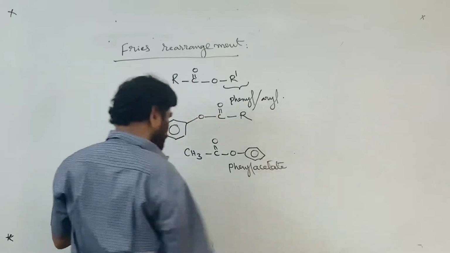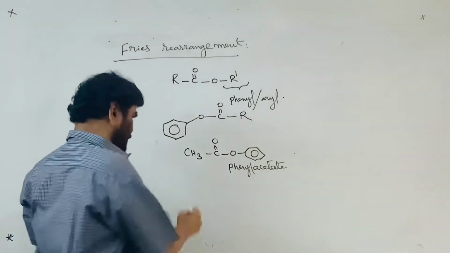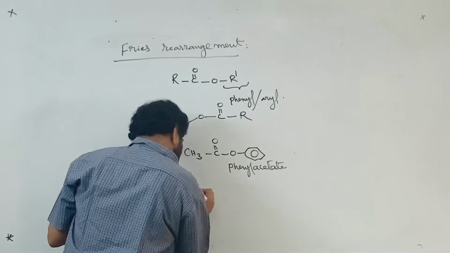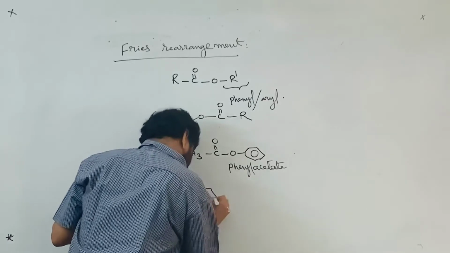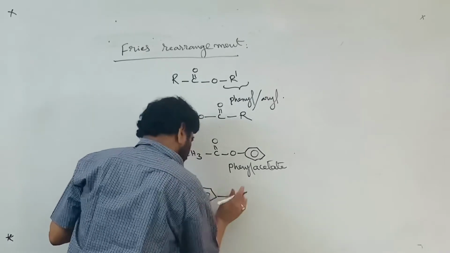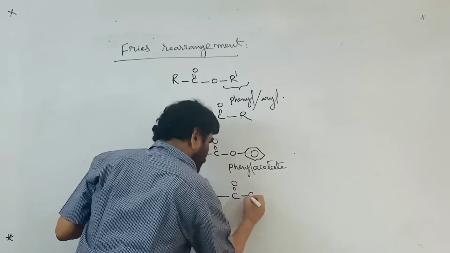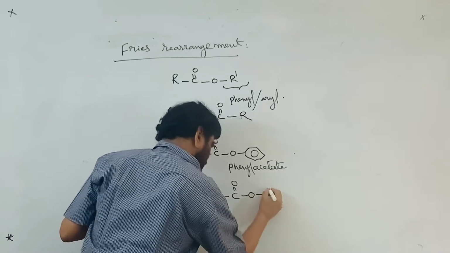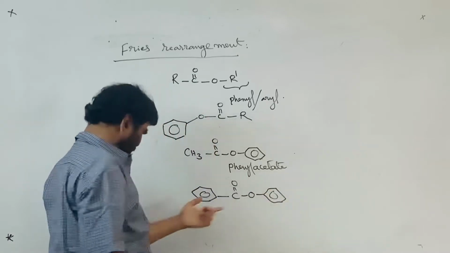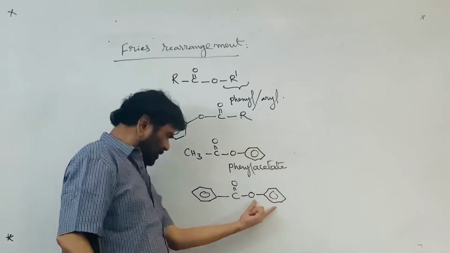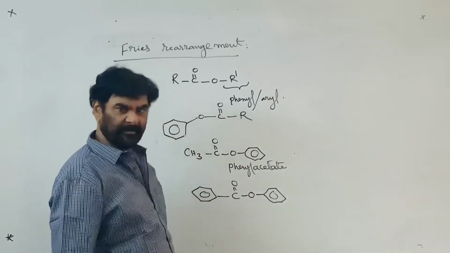I am taking these as the substrates, the reactants that take part in the reaction. It can be phenyl, C double bond O, phenyl; this is also phenyl benzoate.